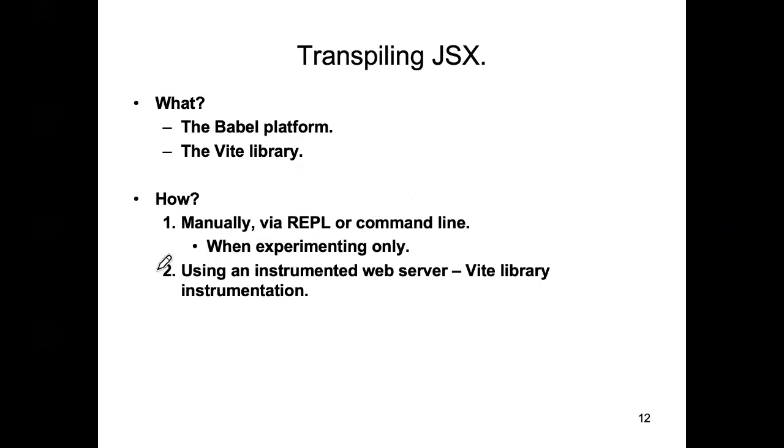Option 2, which is the option that we will mainly be using, is we will use a web server that is specially instrumented with the Vite library. And what this web server will do for us is it will monitor our source code files, and any time any source code changes, it will automatically transpile that file, and it will send the updated transpilation up to our browser, which is currently displaying our application for us to view.